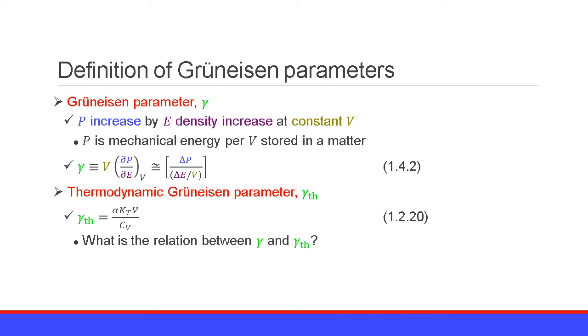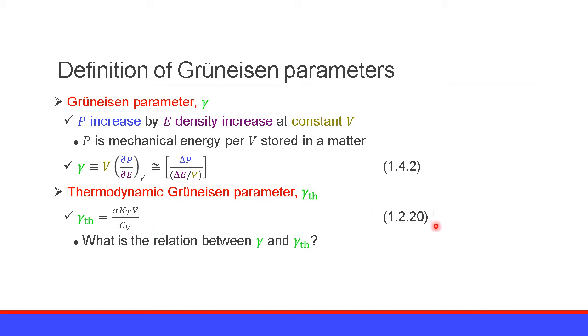Equation 1.4.2. In Section 1.2, we defined the thermodynamic Grüneisen parameter gamma Th. The thermodynamic Grüneisen parameter gamma Th is defined as the thermal expansivity times the isothermal bulk modulus Kt and volume V divided by the isochoric heat capacity Cv.